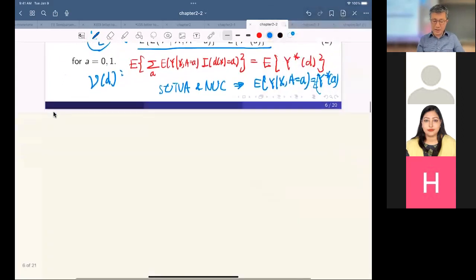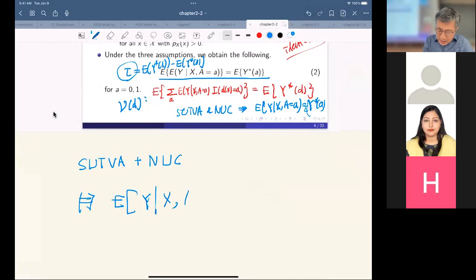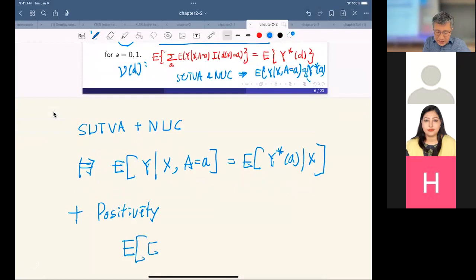Sutuba plus NUC will only prove that Y given X, A equal to a, is equal to Y star a given X. And now, plus we need positivity, then we can say that this expectation and this expectation are equal.